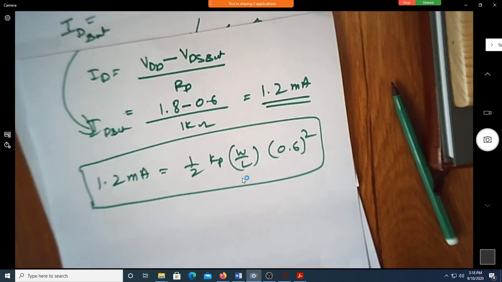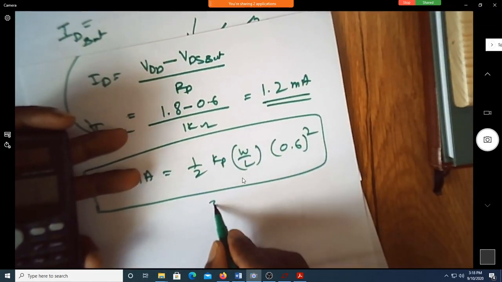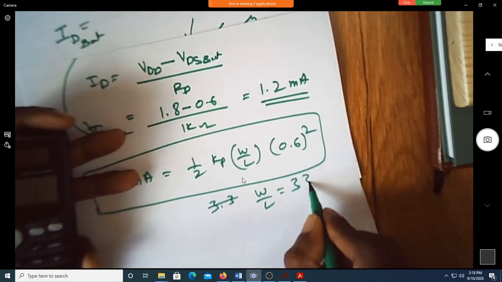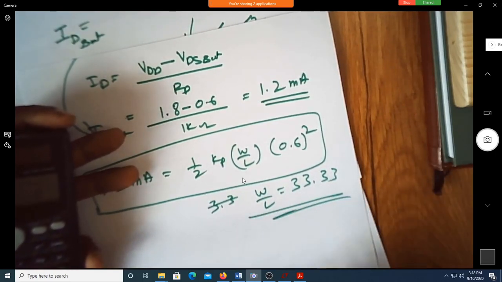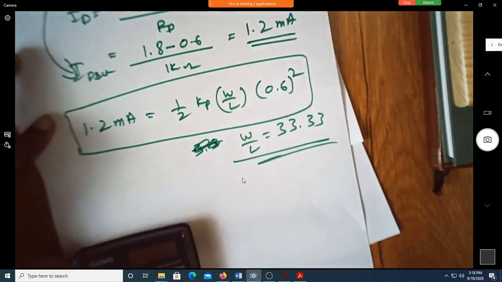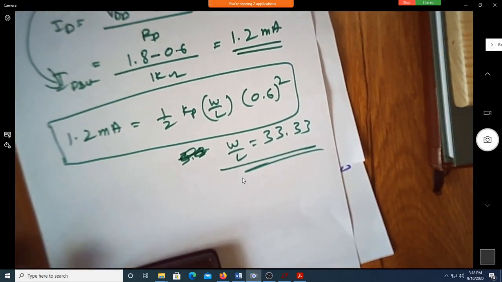Is anybody done with the calculation? 33.33 is the ratio. So W by L is equal to 33.33. I just want all of you to do it. So is 33.33 W by L? Yes, sir. Okay, now 33.33.